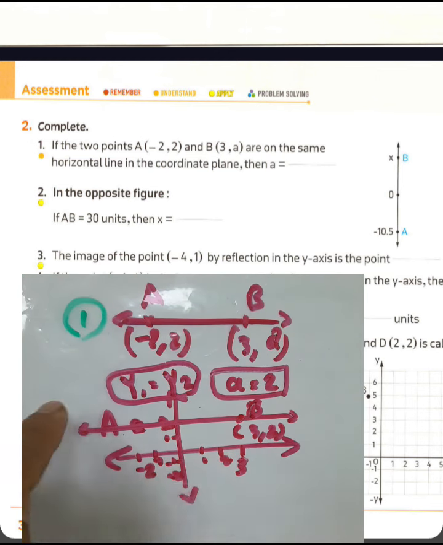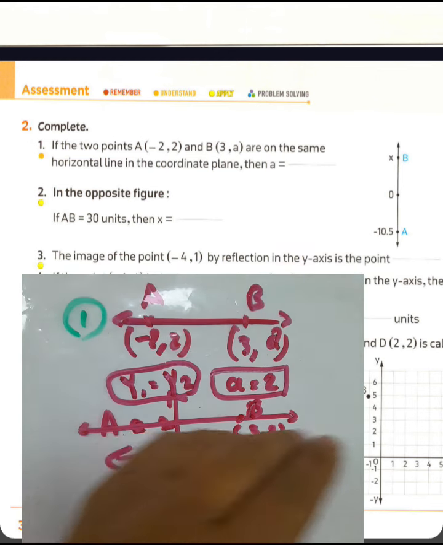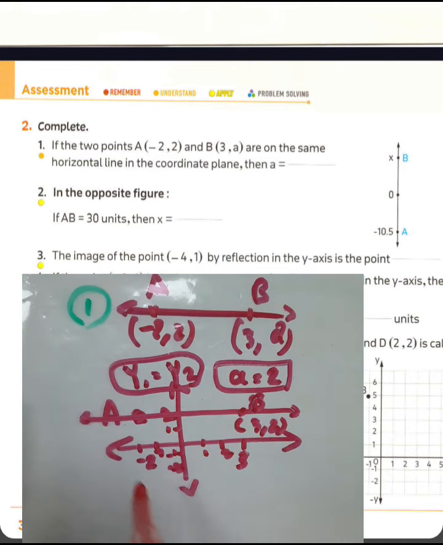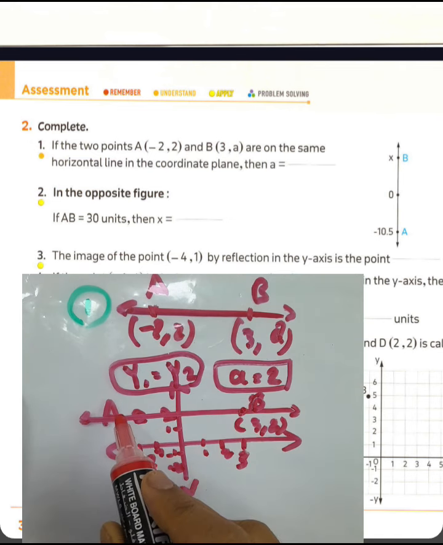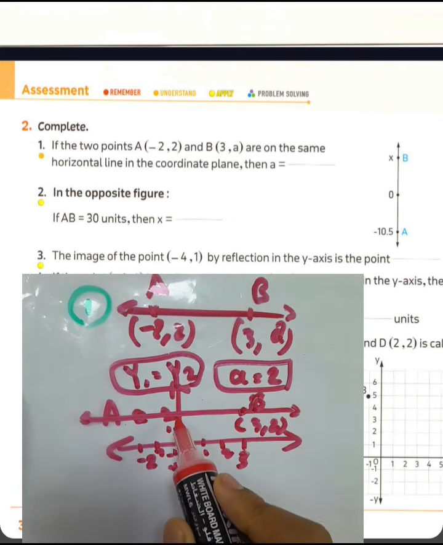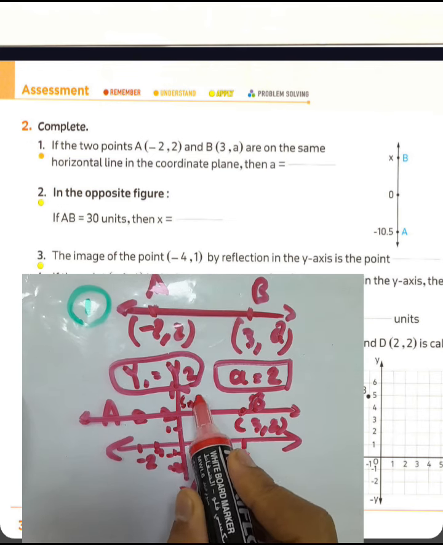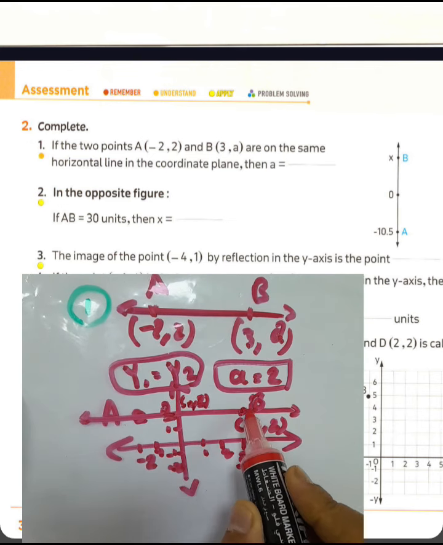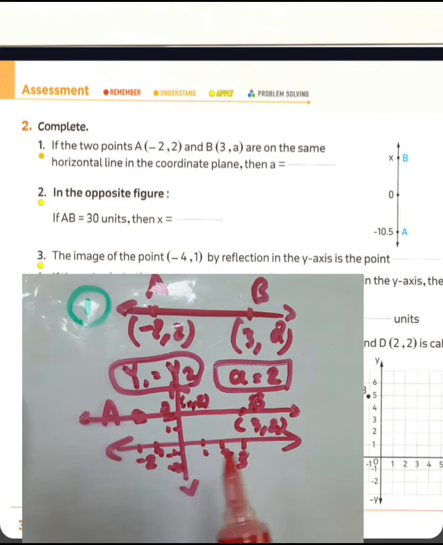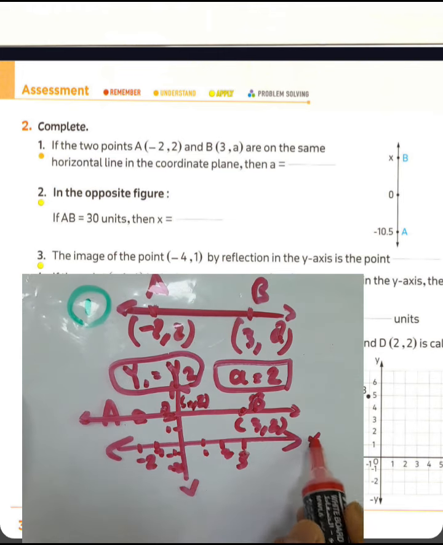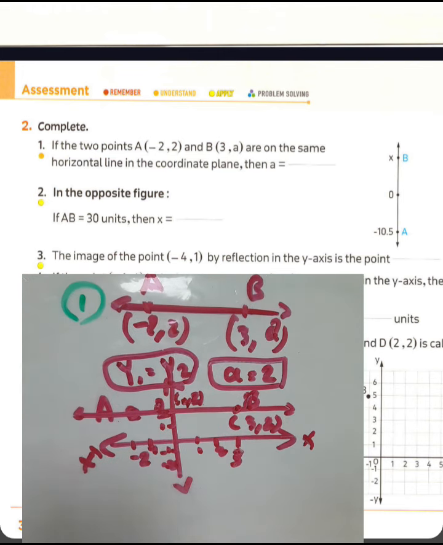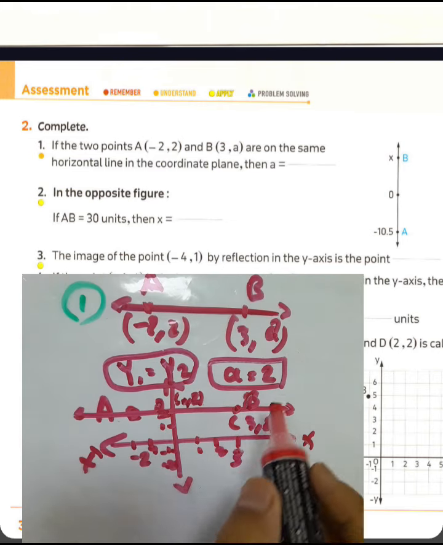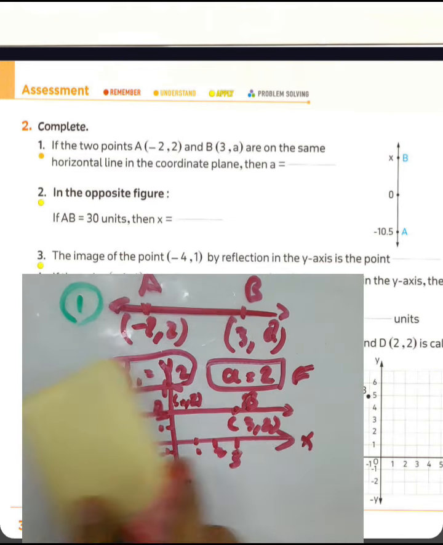Or you can draw the first point and draw a horizontal line going from point A to point B. The y-value at 3 will be 2, because this straight line cuts the y-axis at the point (0, 2) and is parallel to the x-axis. Then the result is 2 for question number 1.